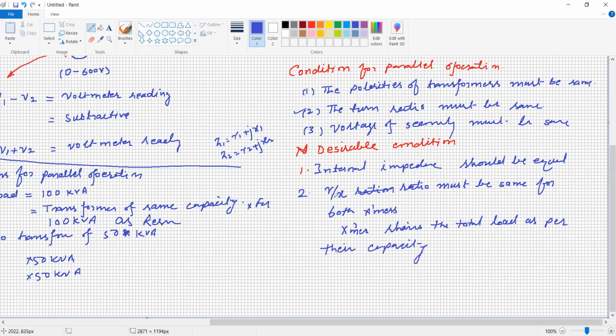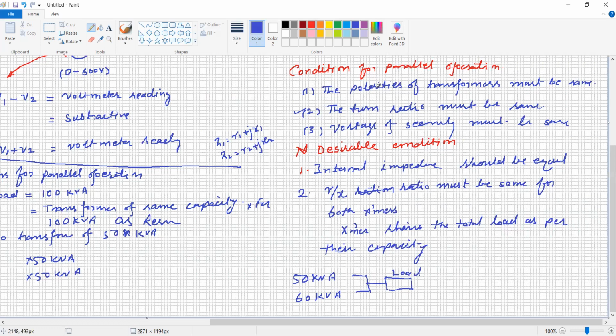It means that to connect transformers in parallel, it is not necessary that they have the same capacity. One capacity is 50 kVA, the second is 60 kVA. We can connect the two transformers in parallel to supply the load.